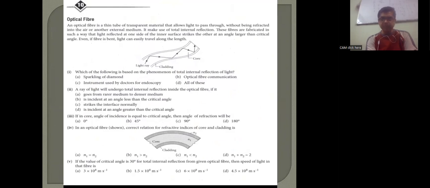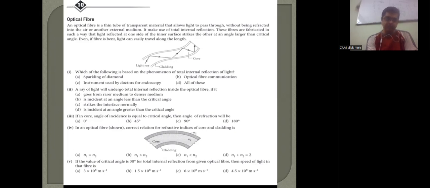It makes use of total internal reflection. These fibers are arranged in such a way that light reflected at one side of the inner surface strikes the other at an angle larger than critical angle. Even if fiber is bent, light can easily travel along the length.